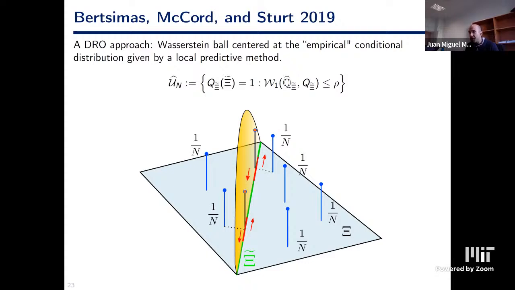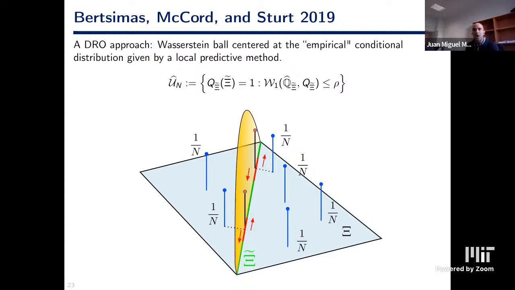The conditional inference itself, the job done by our 2 nearest neighbors, that is the center of the Wasserstein ball, is also itself uncertain, that is, ambiguous. Therefore, the Wasserstein ball proposed by Bertsimas can be totally misplaced in the space of Wasserstein balls, especially if the local inference method, our 2 nearest neighbors, is not doing a good enough job. And this is probably happening when the sample size is small.